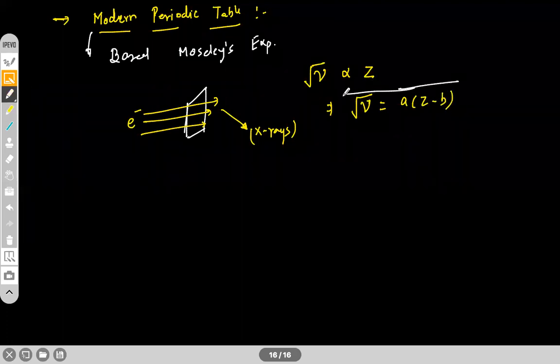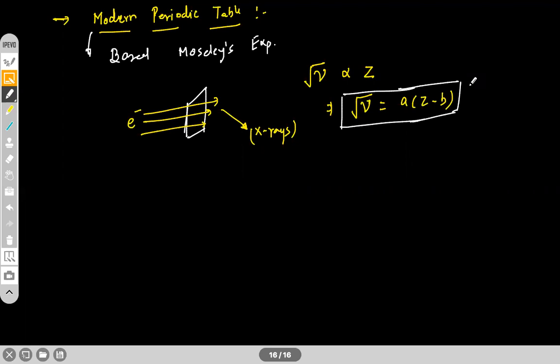This is Moseley's experiment. Just keep this in mind. It is not that important; they won't ask you this. On this basis he gave this particular periodic table.